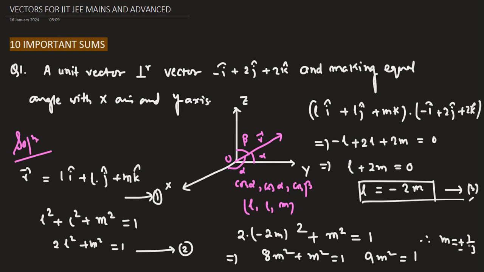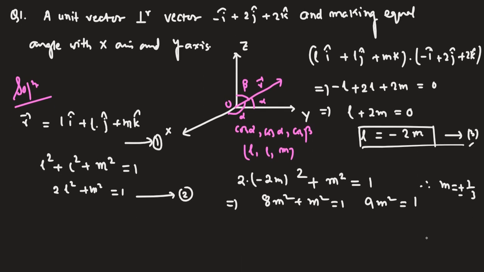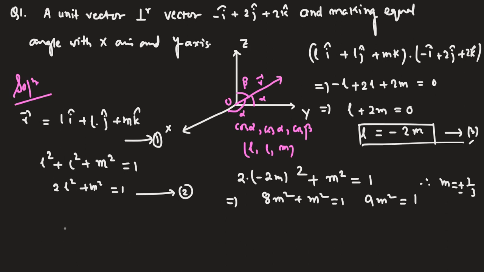Now we have to calculate the unit vector. So r is equal to l i plus l j plus m k. The value of l is minus 2m, so we can write minus 2m i, minus 2m j, and here we have m k.